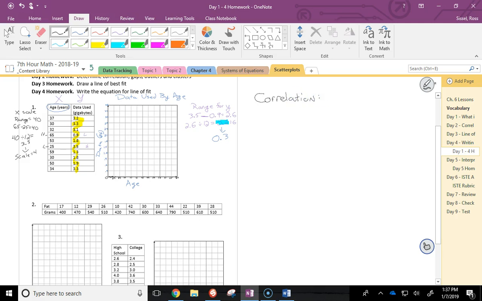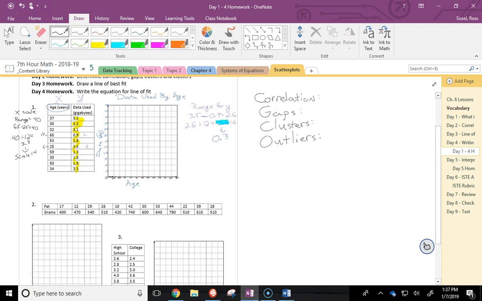What type of correlation? Was it positive, negative, or no correlation? Then say, were there any gaps? Are there any clusters? And then were there any outliers? You are going to do the same thing on each one of them. So you're going to identify for each of the 3 scatter plots the correlation, the gap, the cluster, the outlier.